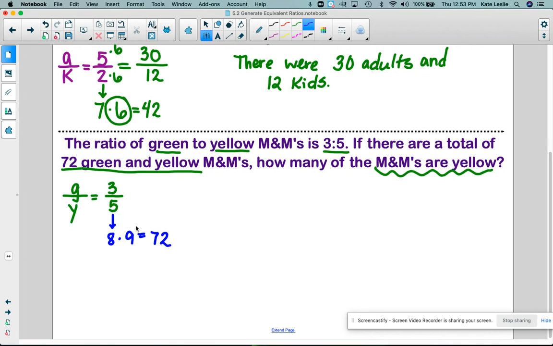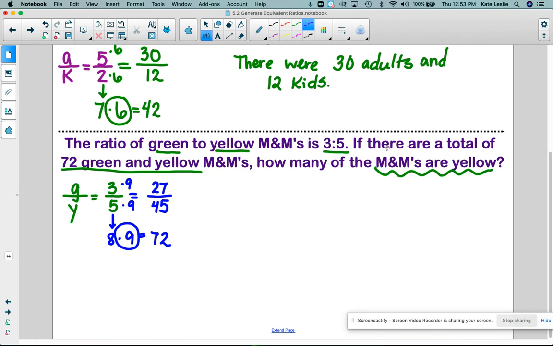I'm going to circle that times 9 because it's going to be really important when we write our equivalent ratio. So I have to multiply both of these values times 9. So we have 3 times 9 is 27 green, and 5 times 9 is 45 yellow.